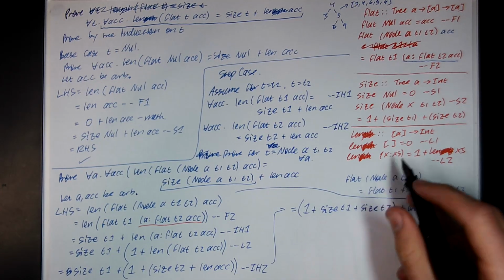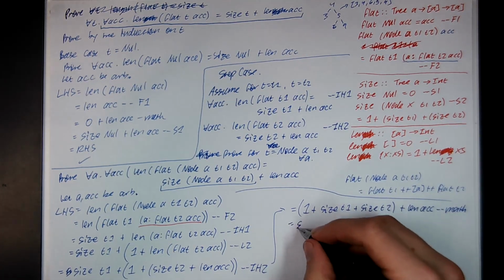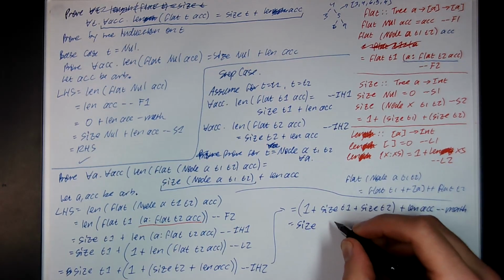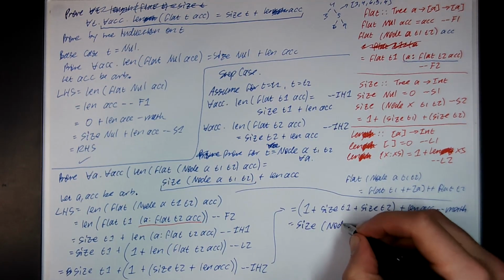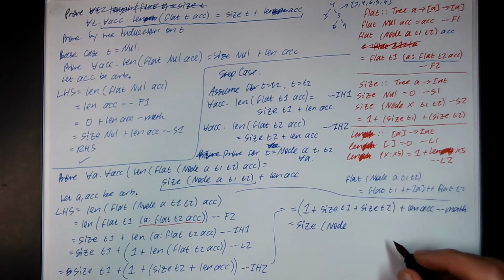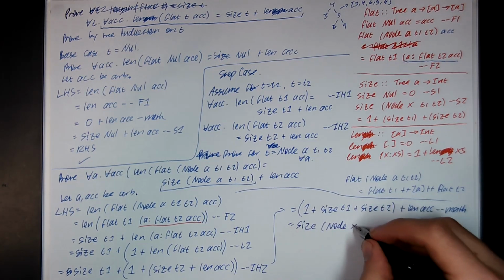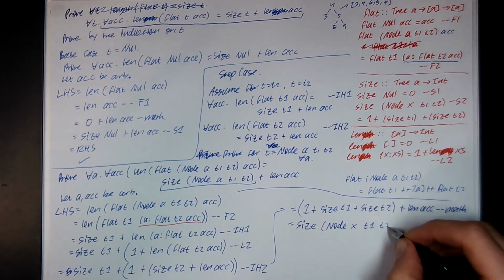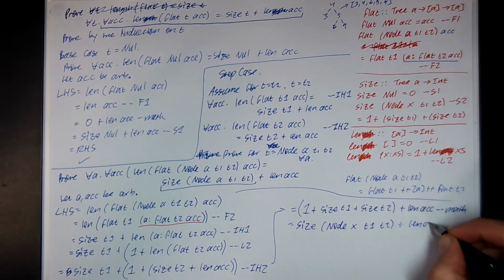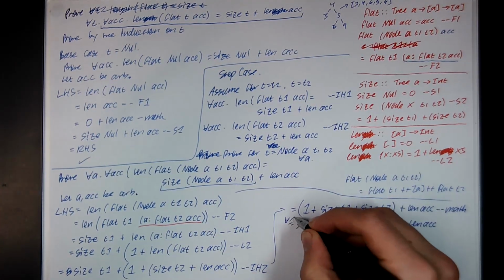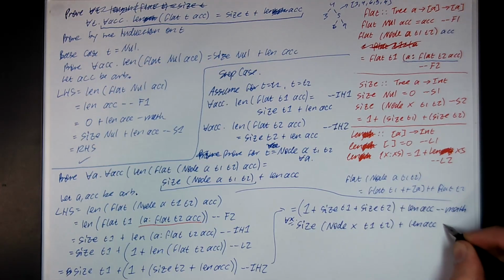And now this term here I can use S2 backwards to obtain size of node x T1, T2 plus len AC. So this will be, for any x, this property by S2 backwards.